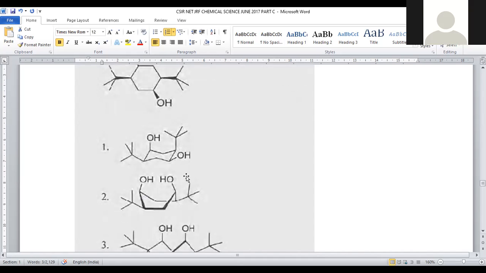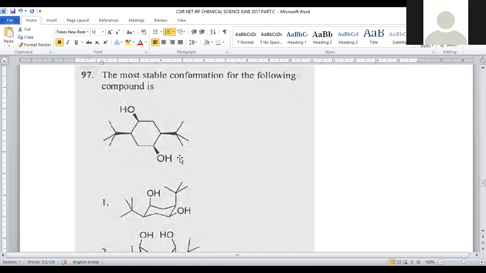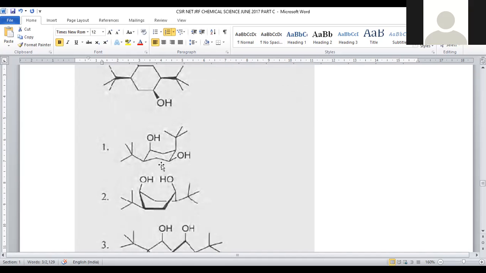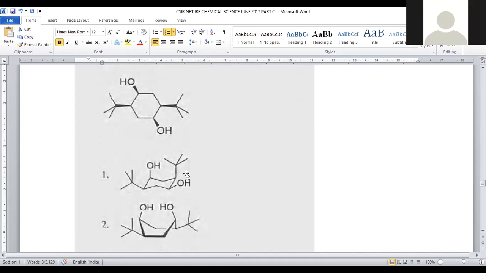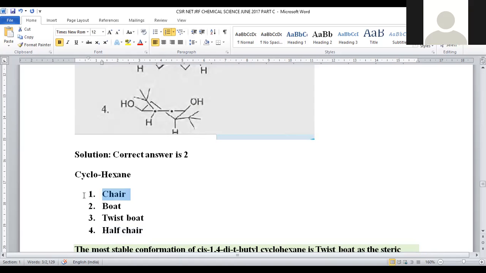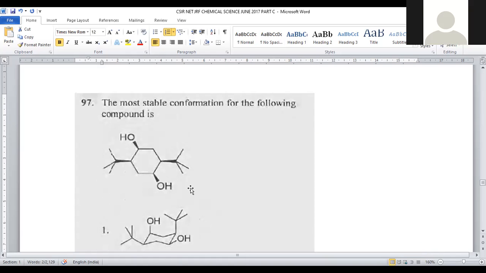That should be the arrangement. In general, chair form will be the most stable, but for this molecule, we can exceptionally go with some other structural representation rather than chair form. Blindly, we are not supposed to indicate chair form for this. Even though chair form is the most stable, there are other constraints.